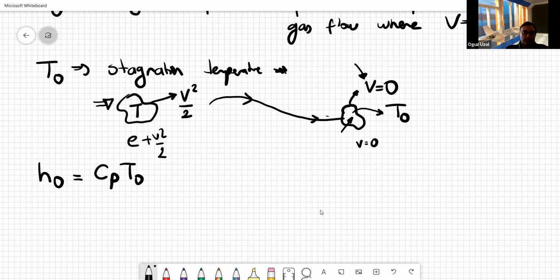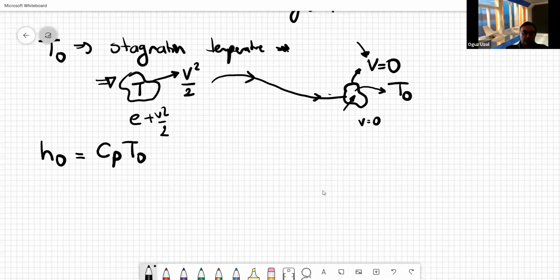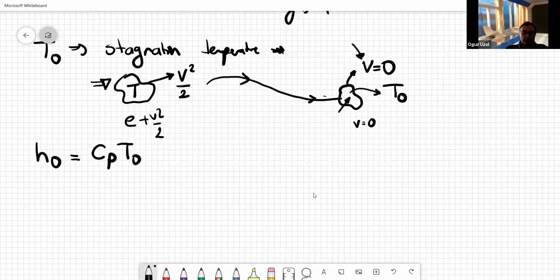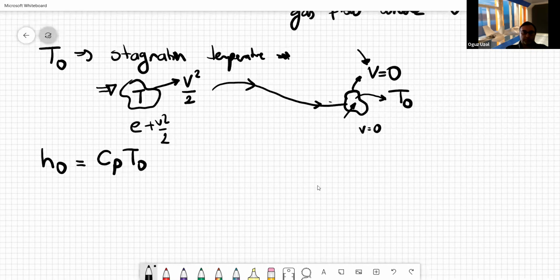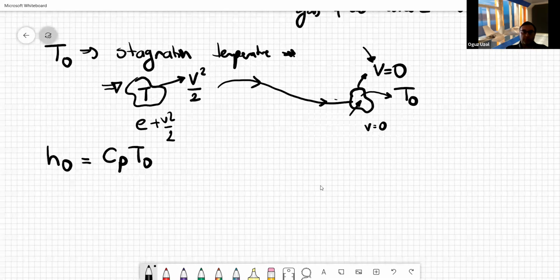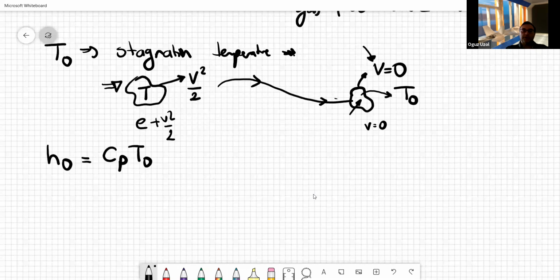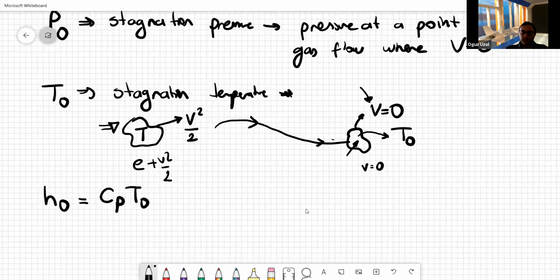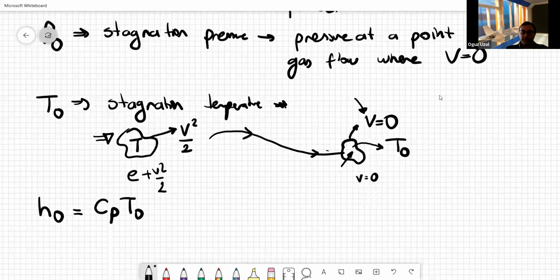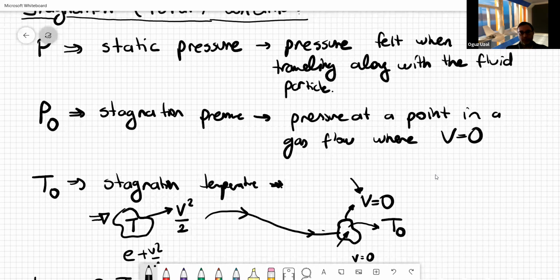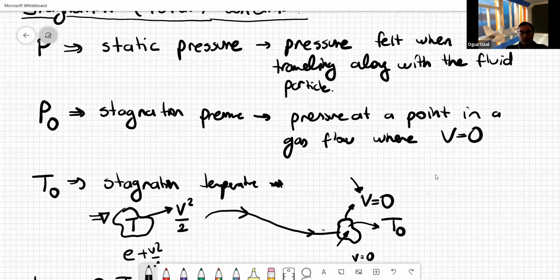So the changes that are occurring as fluids are moving at high speeds, or air is moving at high speeds, changes that are related to its state. And by the way, P0 and T0 are two additional state variables in addition to our original list of other flow parameters.